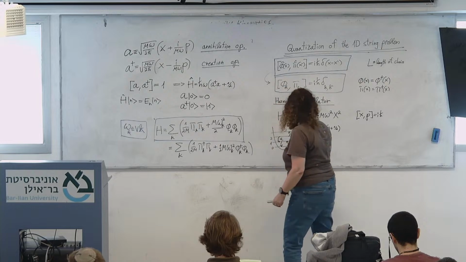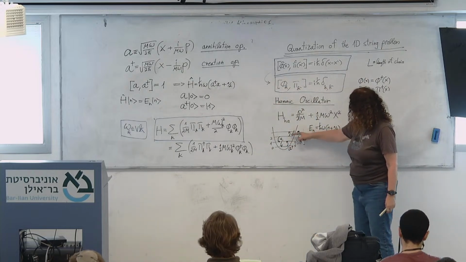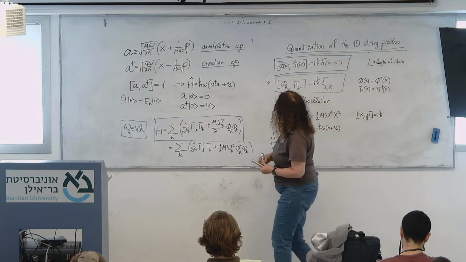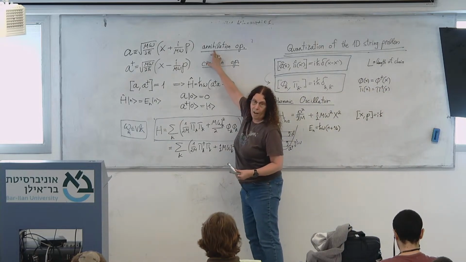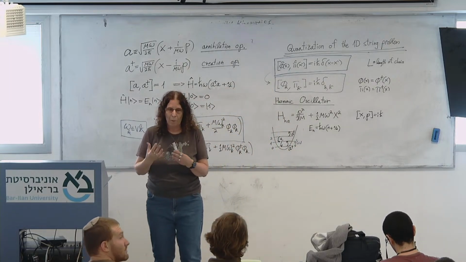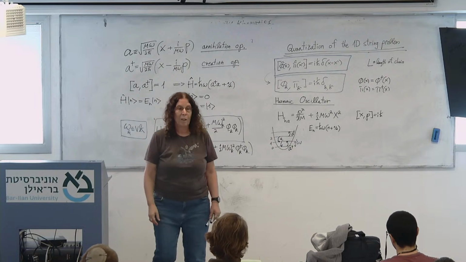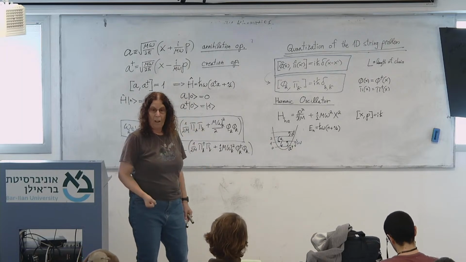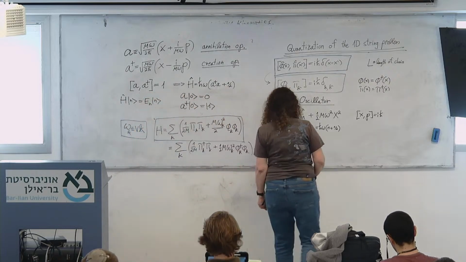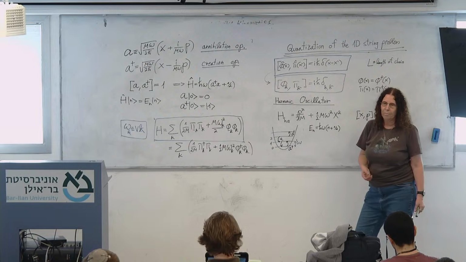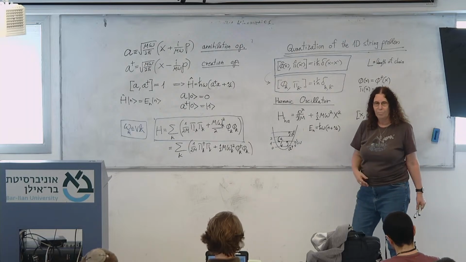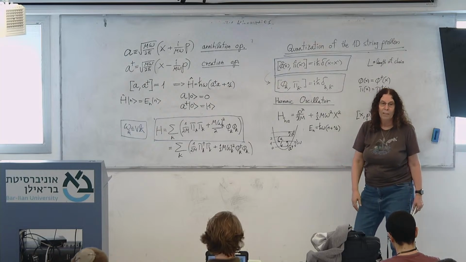That's why they are called ladder operators, but by giving them these names, I'm admitting that they create and annihilate something. What is this something? It is a quanta of energy. And moreover, what is the energy of each of these quanta? It's h bar omega. What does it remind us of? A photon, right?